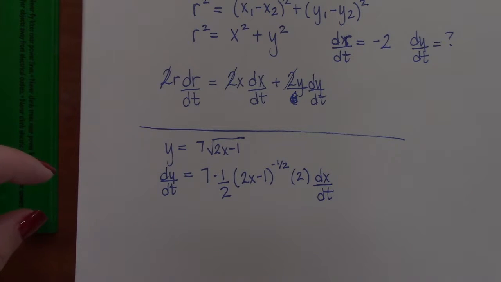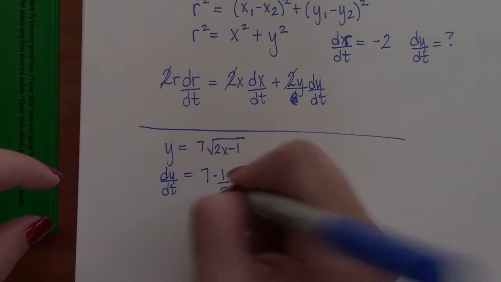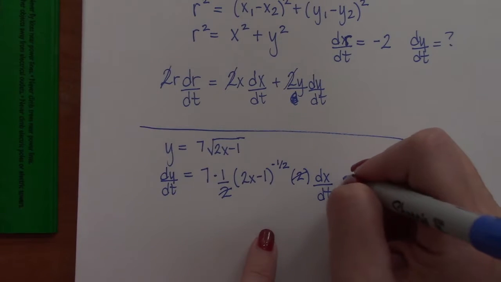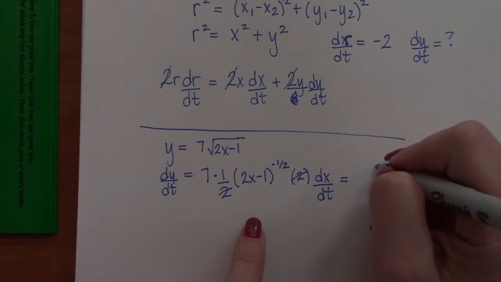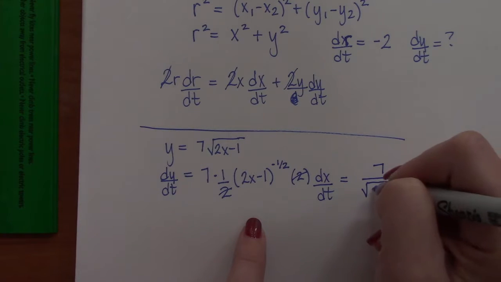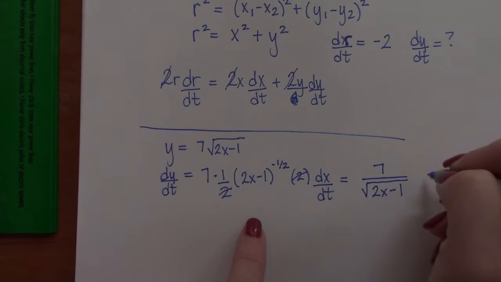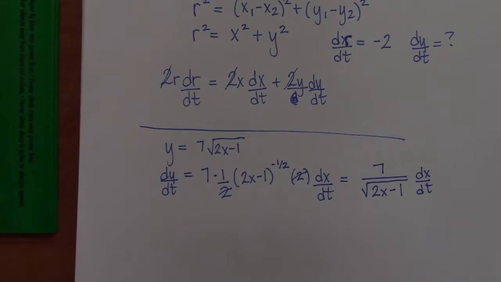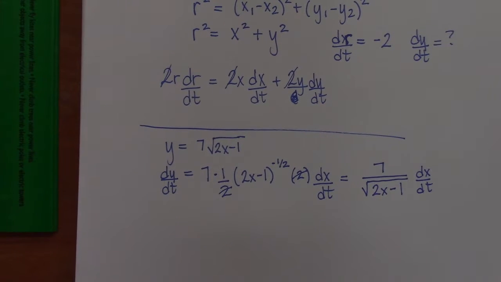That's just a chain rule. The 2's cancel, and I'm just going to clean this up a bit to make it easier to work with. So this is actually 7 over the square root of 2x minus 1 dx dt.